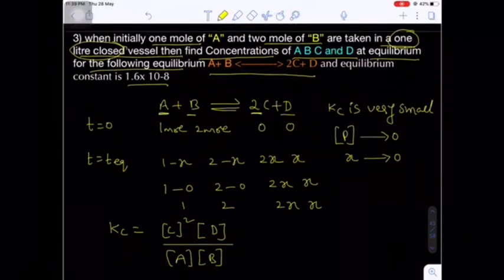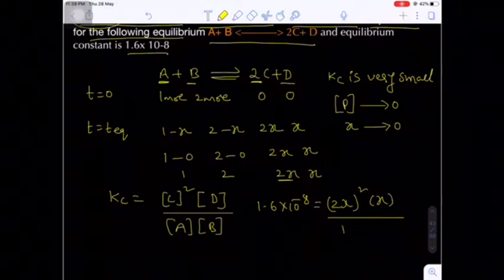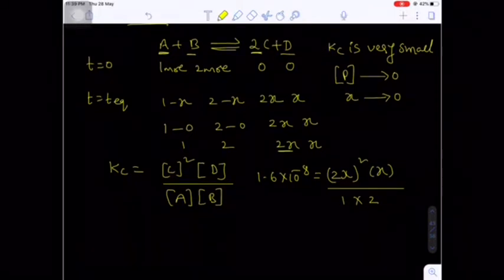Now what is the Kc given to you here in the question? 1.6 into 10 raised to minus 8. What is the concentration of C? 2x, so 2x whole square. Concentration of D is x, whole divided by concentration of A, which is 1, into concentration of B, which is 2. Are you getting my point?